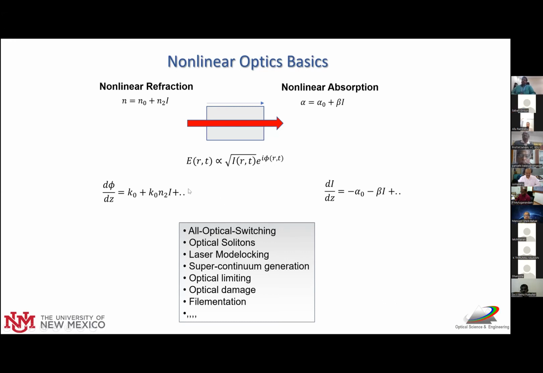As also mentioned earlier, the applications of the optical Kerr effect and nonlinear absorption have been touted for many years, including all-optical switching and optical solitons. Kerr lens mode locking was developed in the early 90s and uses the Kerr effect, and then optical limiting.